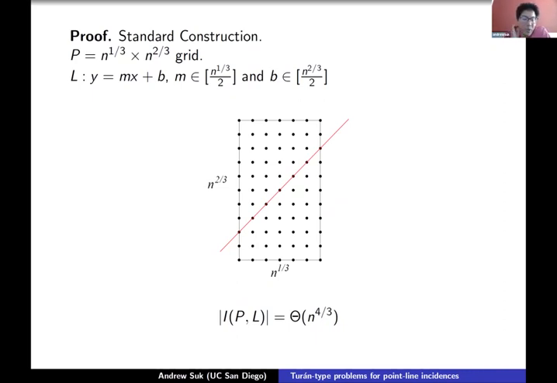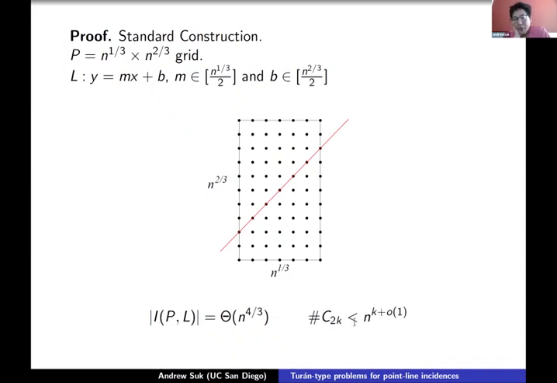And basically what we observed is that this standard construction has very few cycles of length 2k. So obviously it has at most n to the 2k cycles of length 2k. The incidence graph between points and lines is K_{2,2}-free because no two distinct points lie on two distinct lines.